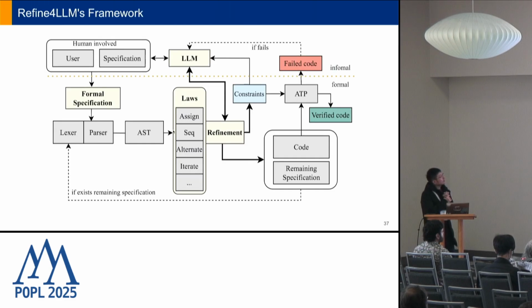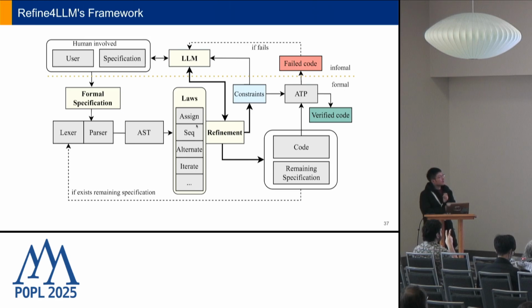So the overall system is like, we first have an input that is human involved to generate correct formal specifications. And there's also much work in auto-formalization that interacts with LLMs to generate formal specifications. And then with this formal specification, we will choose a law by LLM and generate the corresponding code.